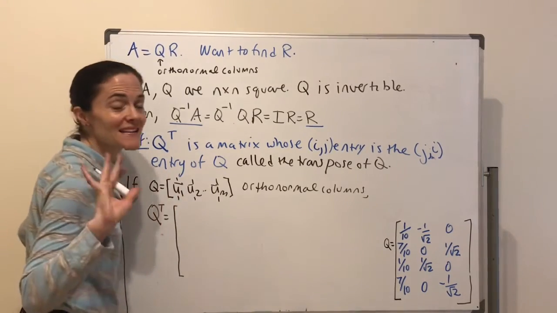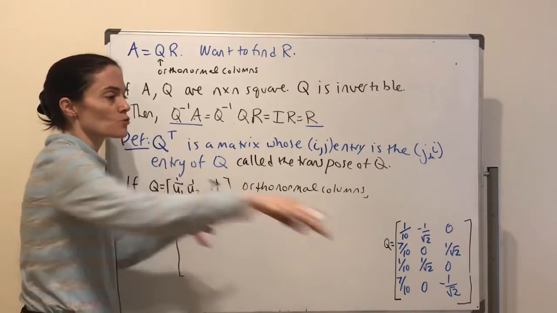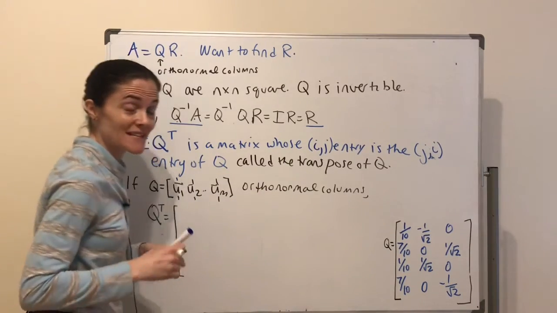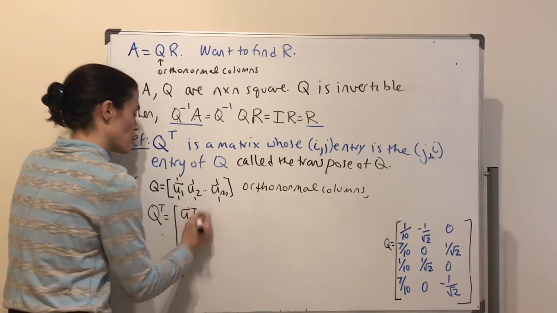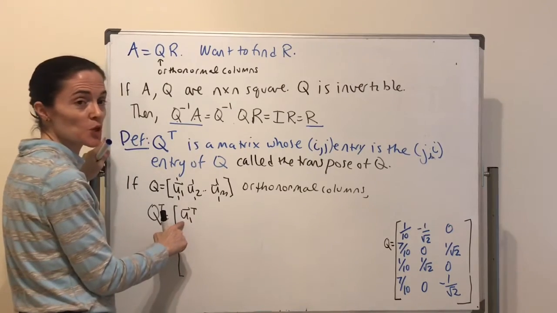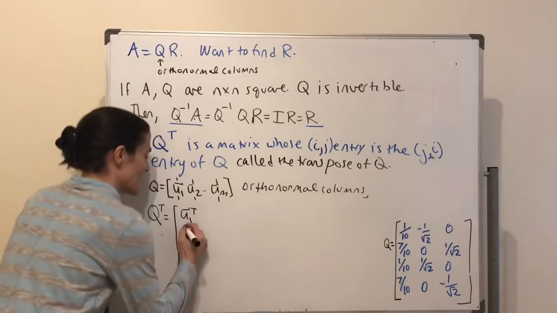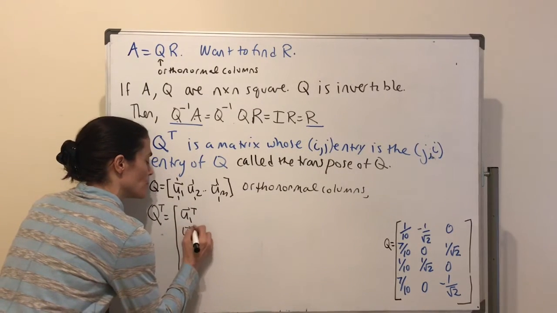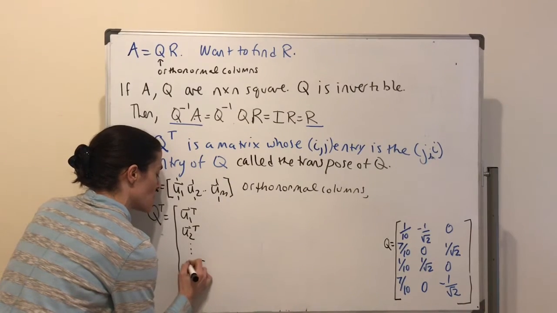I'm thinking about this as a column vector because it's a column of Q. So if I now make it a row, the most natural way to write it is like this: U1 transpose. This is now the exact same vector as U1, but instead of being a column, it is a row. And then U2 transpose all the way to UM transpose.